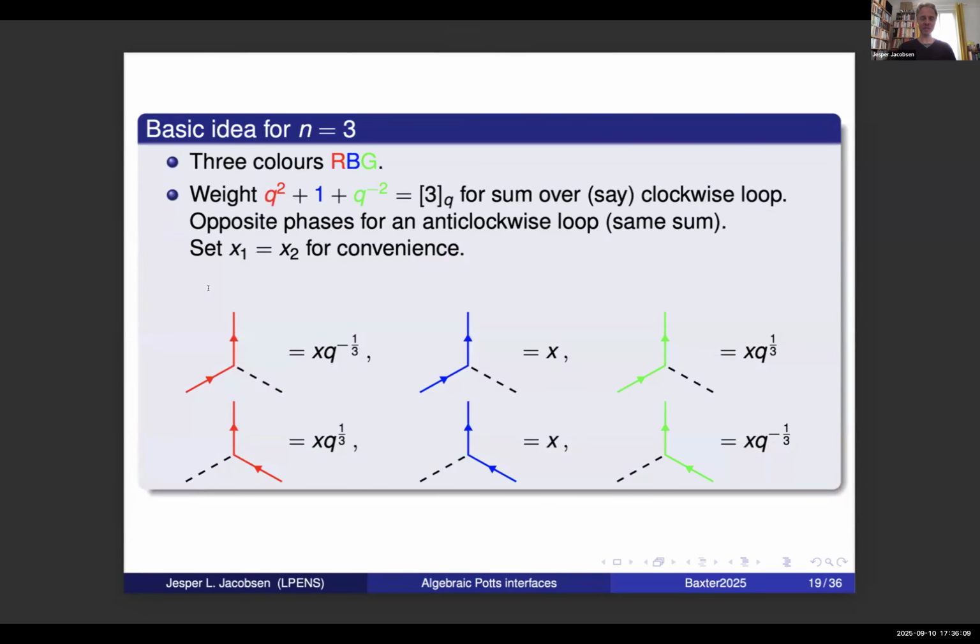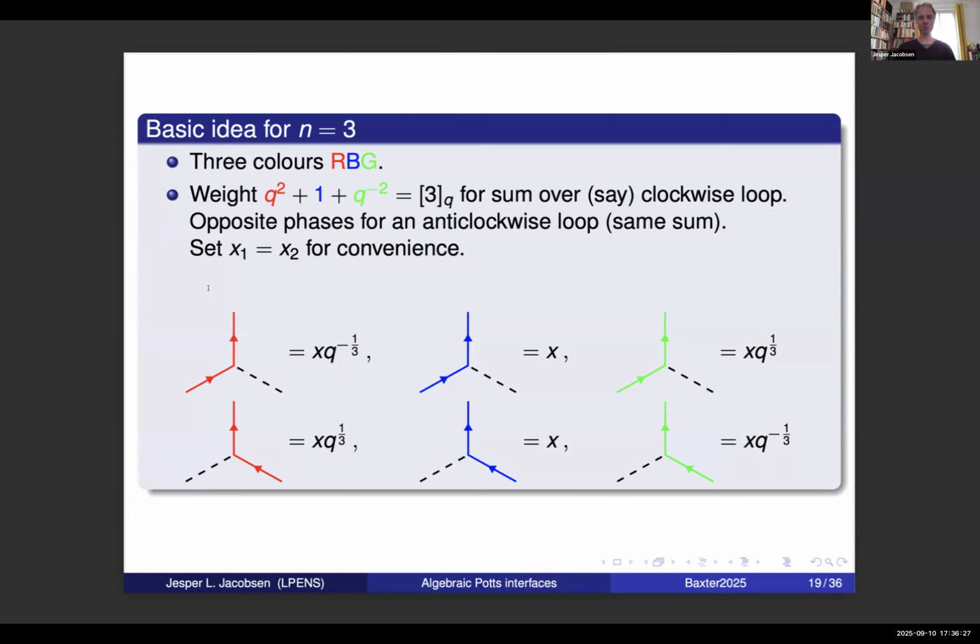So the idea for the web model is the following. If I just had a closed loop, I needed to give it the weight of the q-deformed 3. The q-deformed 3 written out is q² + 1 + q^(-2).